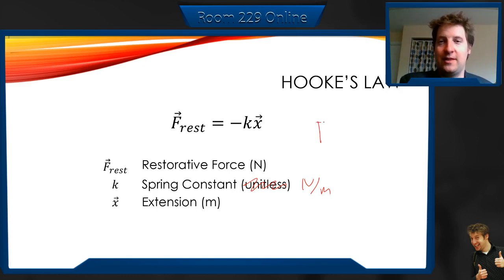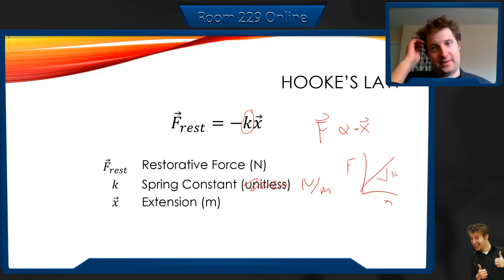Because we know that the force is proportional to x, but it's in the opposite direction. To make it from just a proportionality to an equal thing, we need one of those wonderful constants, right? If I graphed x and F, then the slope here would be k. And I'm using vectors here, so I use the negative sign to show that it's in the opposite direction.